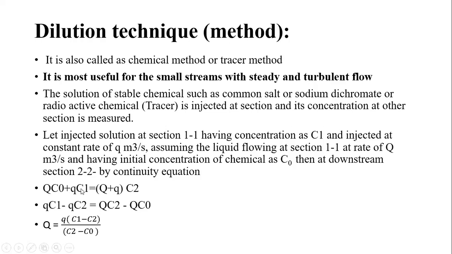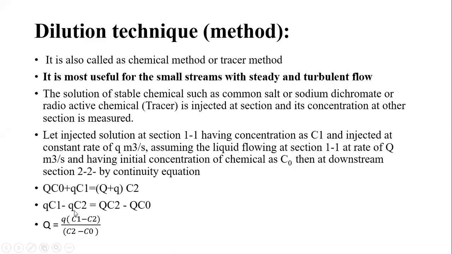I have multiplied it by their concentrations. Then at the other section, there will be a change in concentration due to dilution. When that chemical mixes with the flowing water, there will be a change in the concentration. So at the outlet there will be the initial discharge Q plus the rate of chemicals which are added, into the concentration of the chemical at section 2.